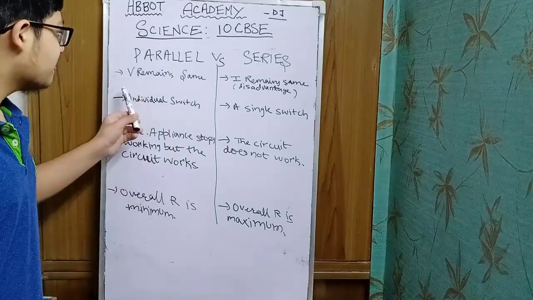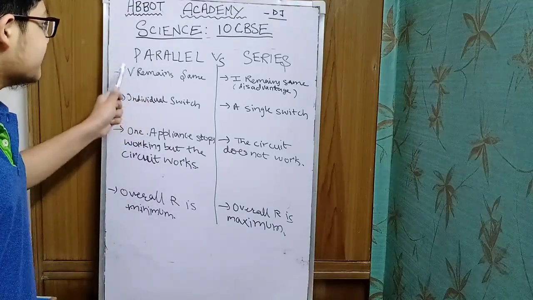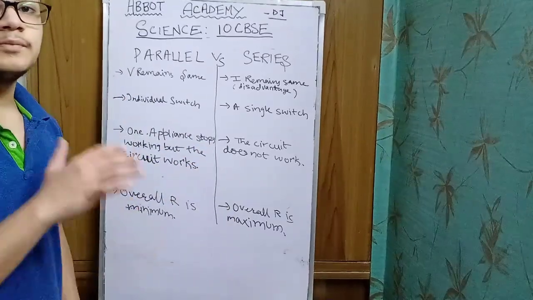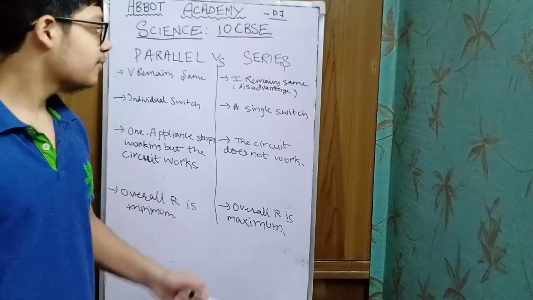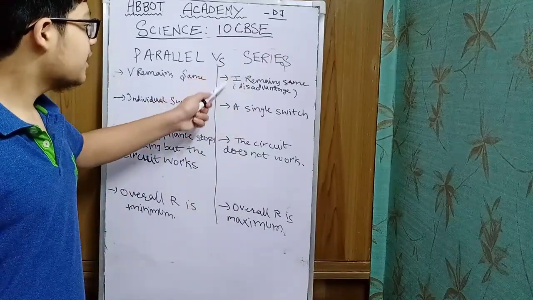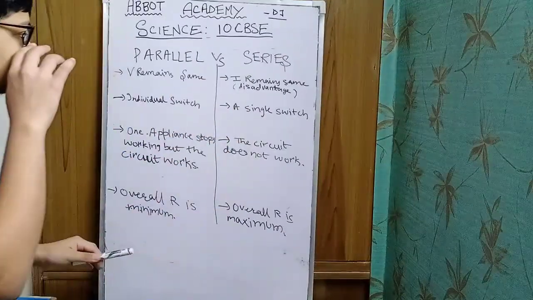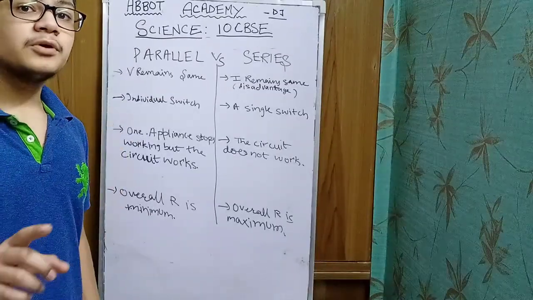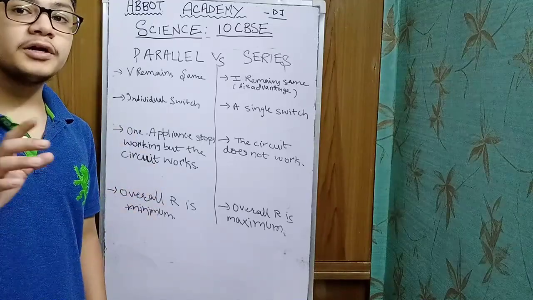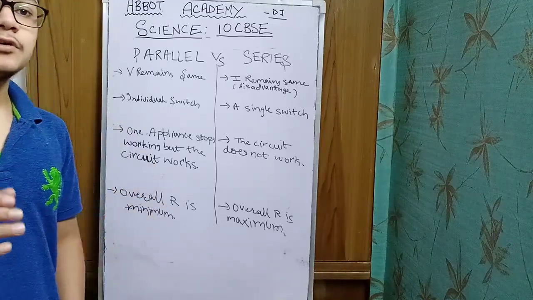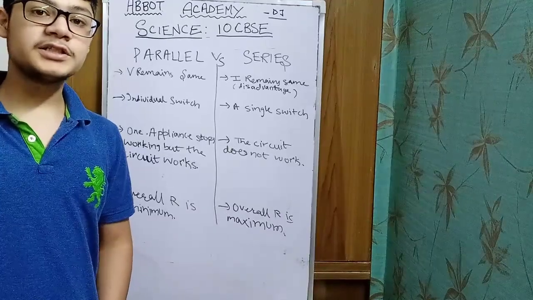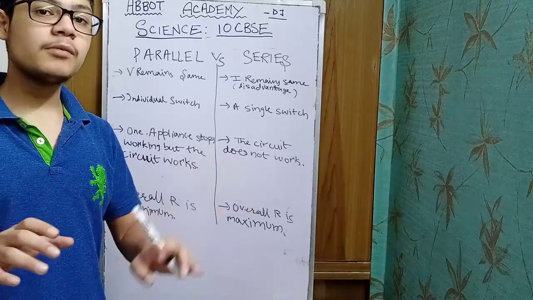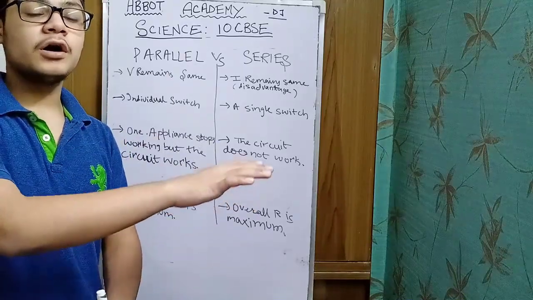So first and foremost, the potential difference or V remains the same. As we discussed earlier, in parallel arrangement the potential difference remains the same, and in series arrangement the current remains the same. Simple. But here it has a disadvantage also. If the current remains the same, the low current needing appliances, like if there is a toaster and there is a small 100-watt bulb, the 100-watt bulb needs an extremely low amount of current as compared to the toaster.